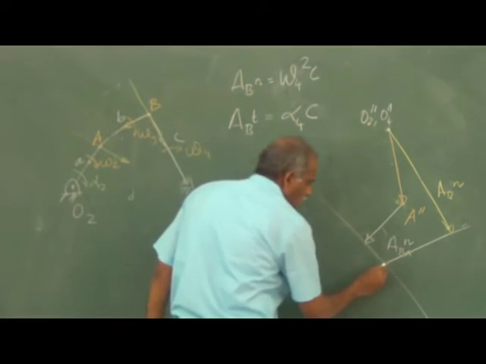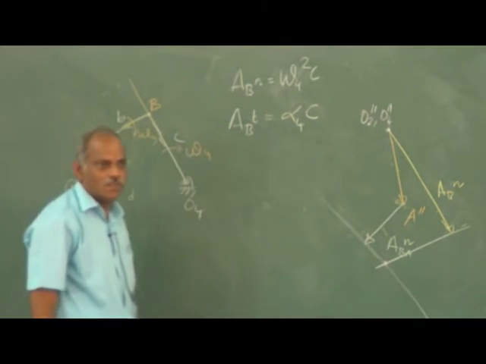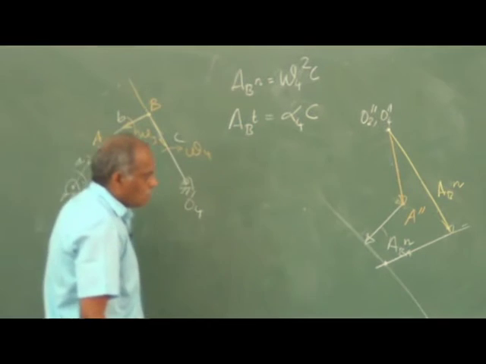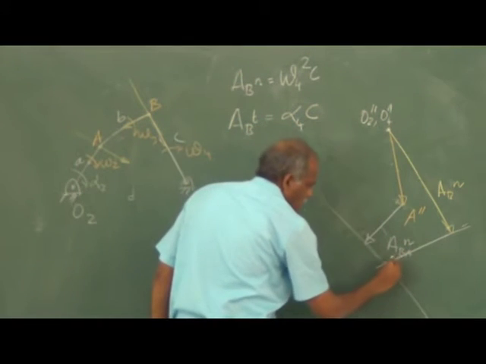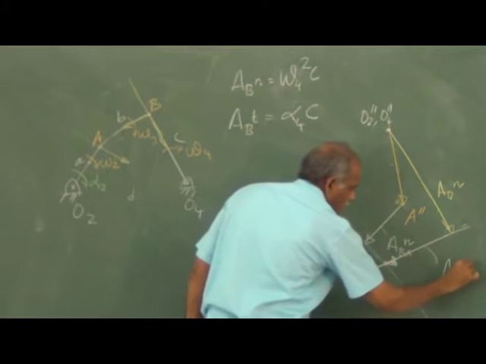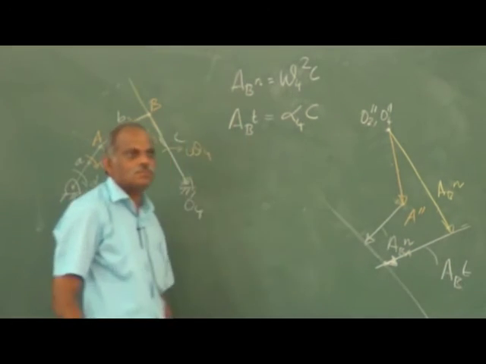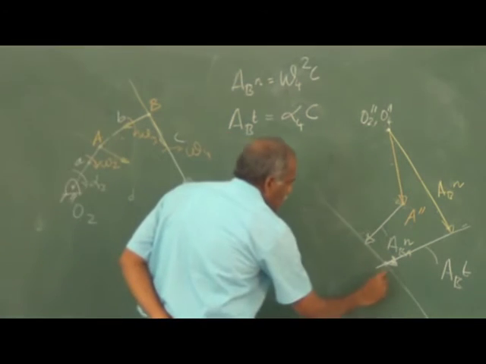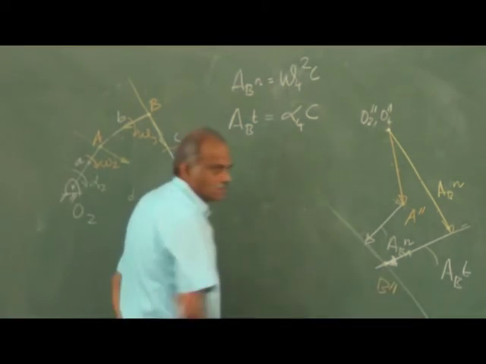So they intersect at a point that may have some significance. If I take this particular component, it is acceleration of B tangential. So this point where it intersects is my B double dash.